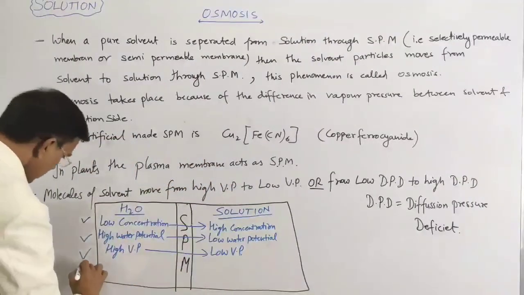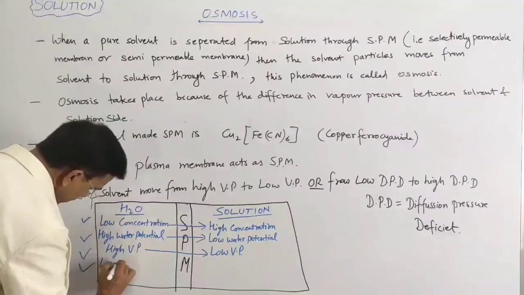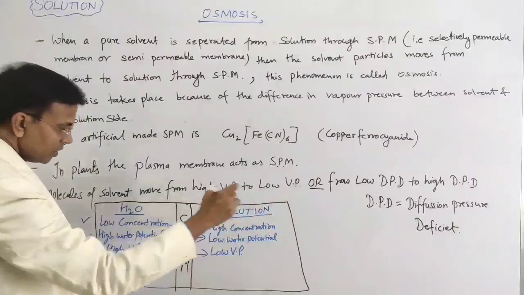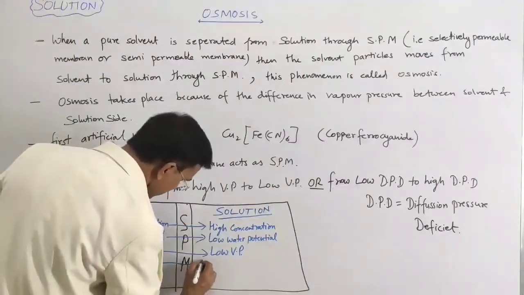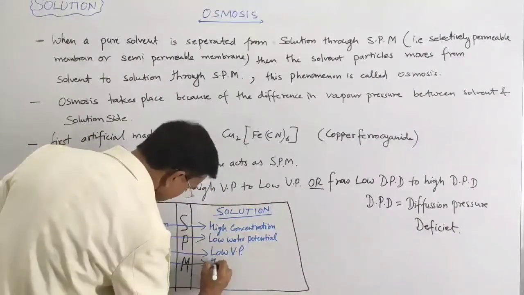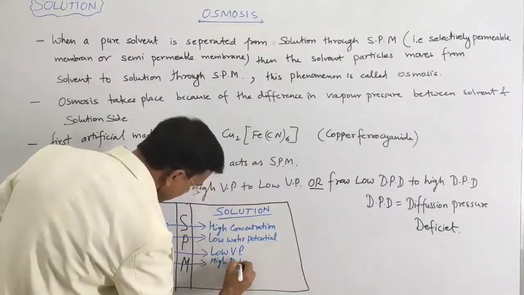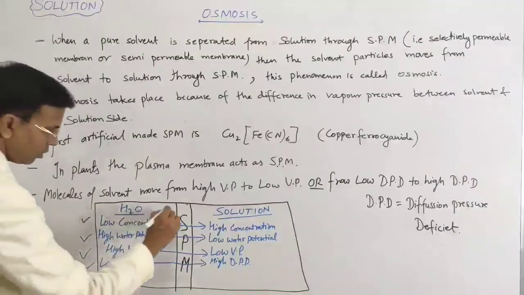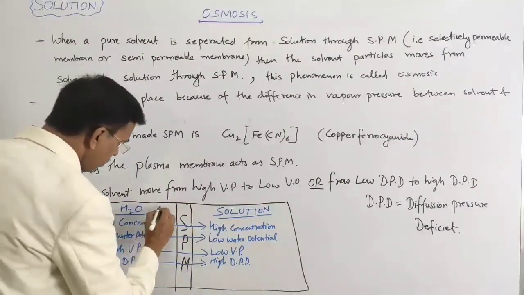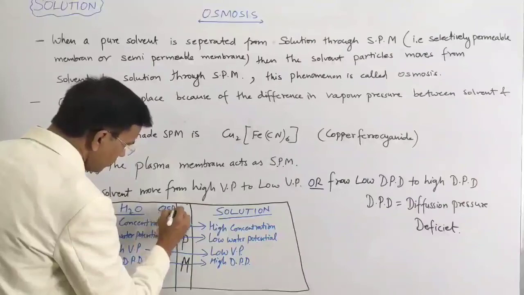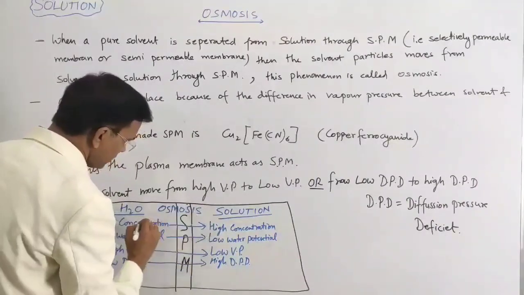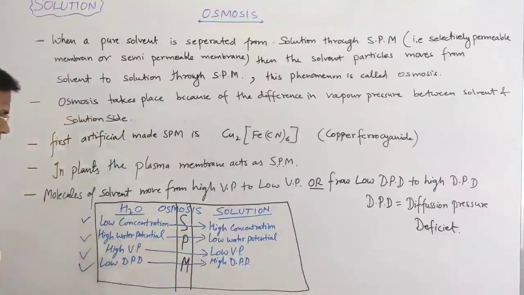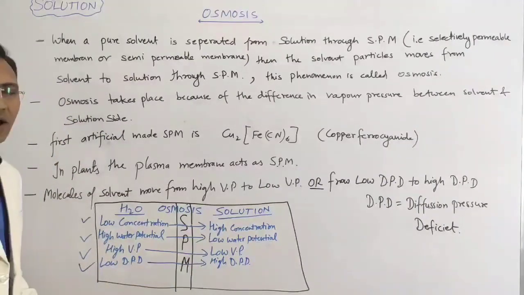Now this side low DPD, diffusion pressure deficit, to high DPD. This is osmosis. Osmosis is going on here, right? The direction of movement of particles is this. Now next move to osmotic pressure.